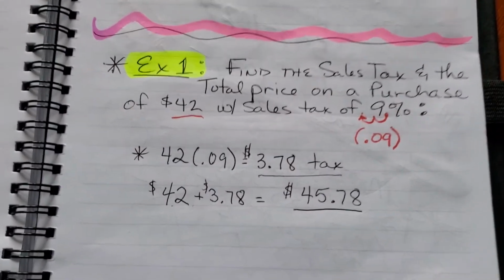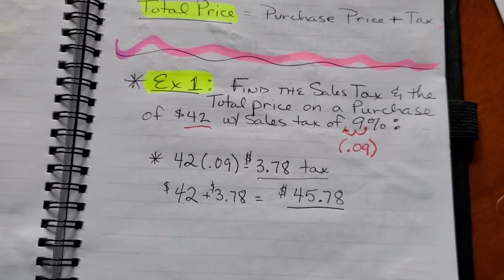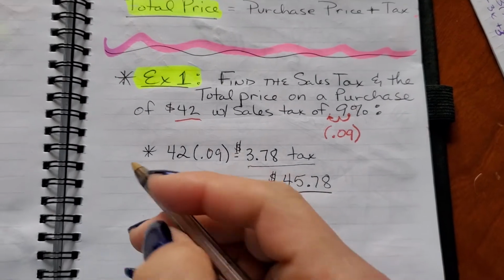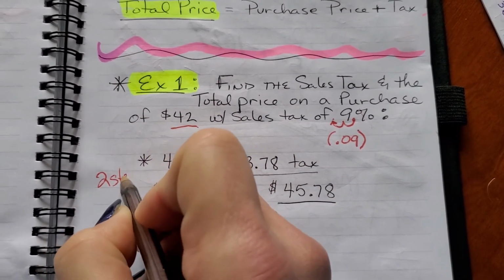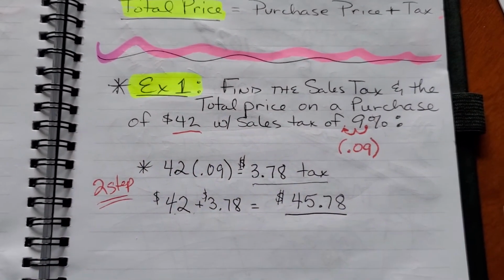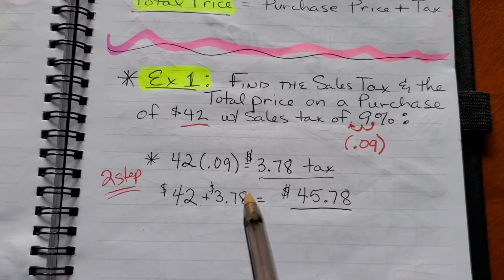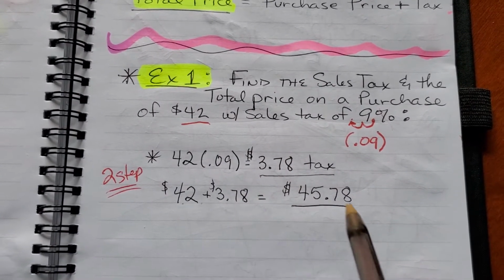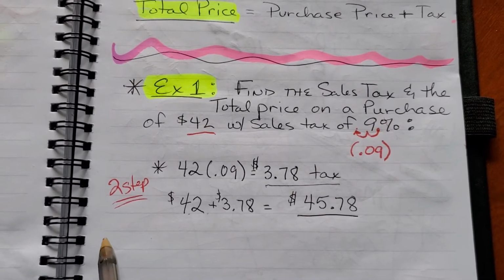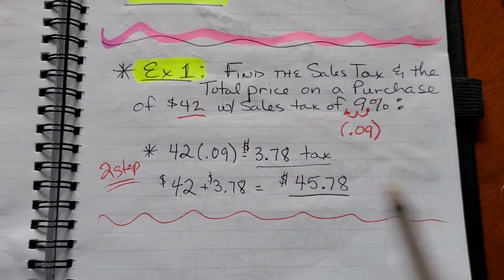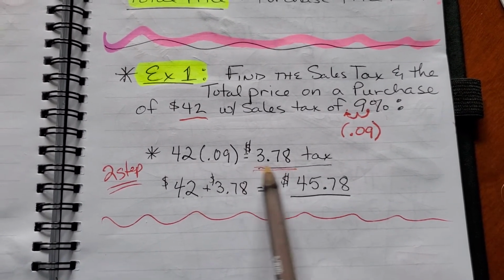Okay? Now, what if we wanted to do this in one step? So this is our two-step way to find tax and then add the tax to our purchase and find our total. But what if they didn't ask you specifically what the tax is?